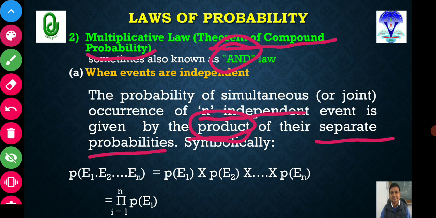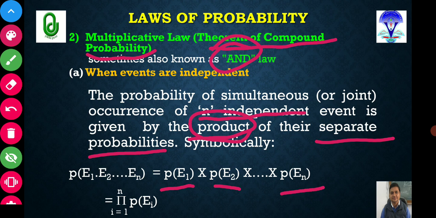So how it proceeds mathematically or symbolically, you can write probability of E1, E2 up to En is equal to probability of E1 into probability of E2 up to into probability of En. That means the product of the probabilities of all the events separately.